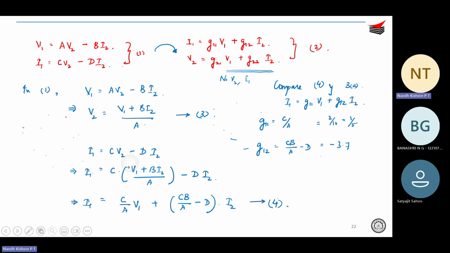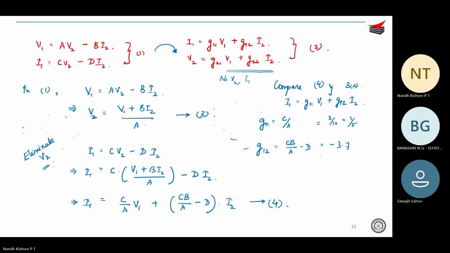That is why we found out what V2 is, right? We found out what V2 is and we have eliminated V2. Eliminate the parameter which is not there in the final expression. So you get an expression in which there is resemblance to the G parameter expression.